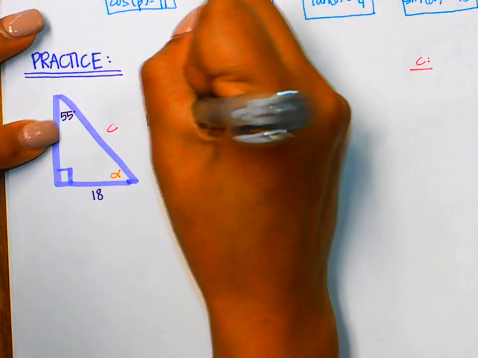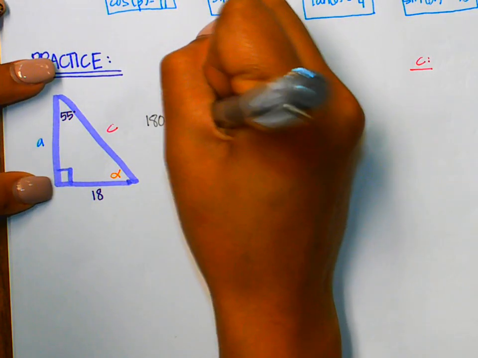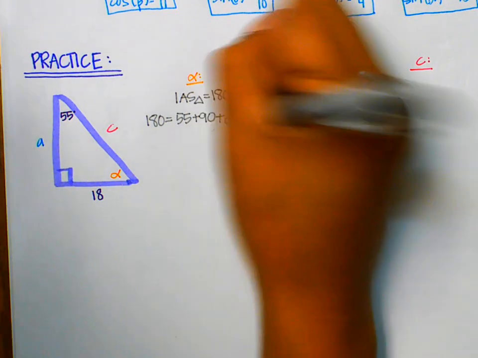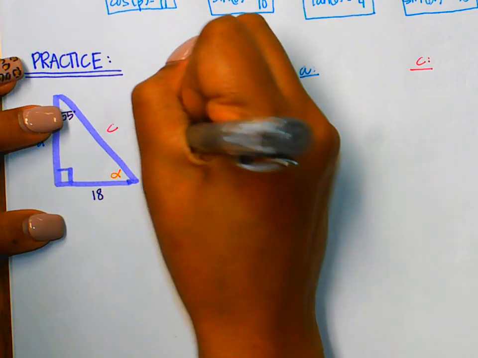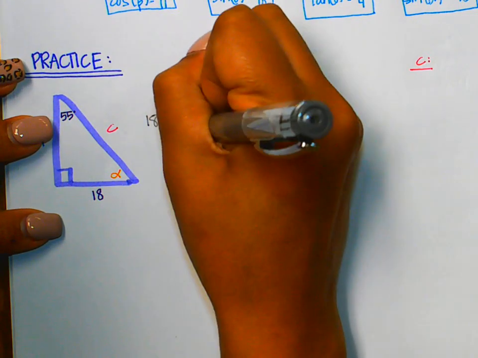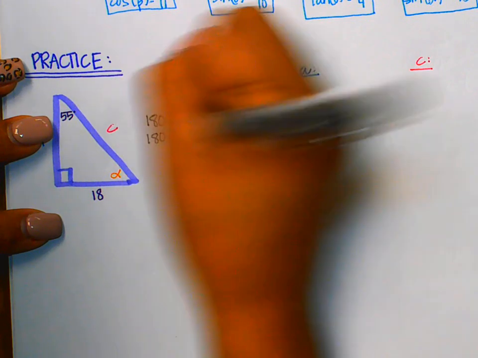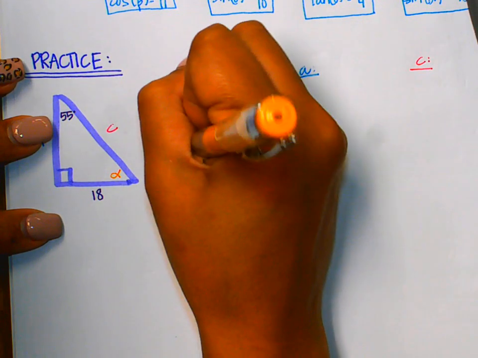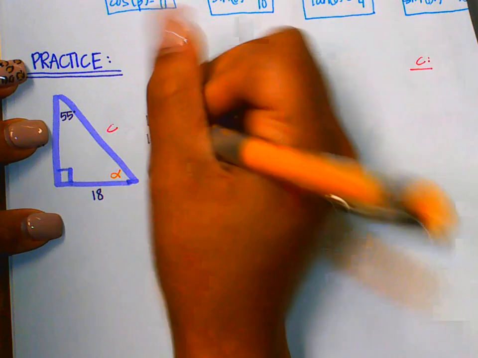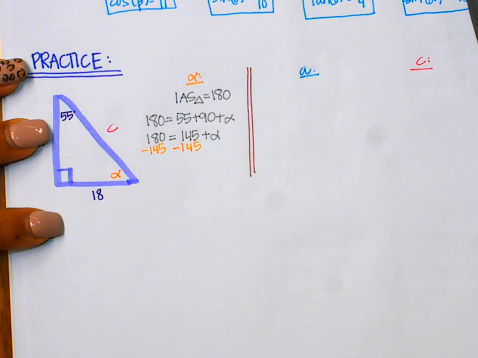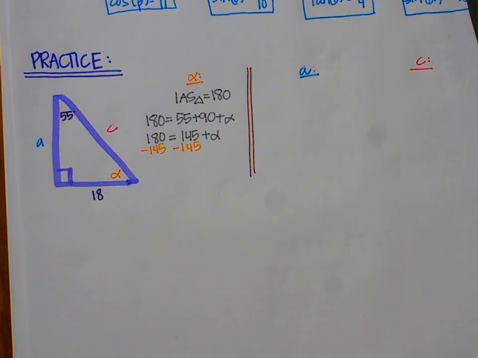180 is going to be the 55 plus the 90 for my right angle plus whatever my alpha is going to be. Combine like terms and solve for the alpha.